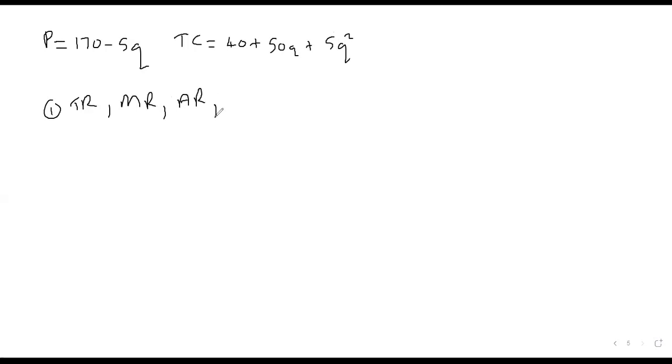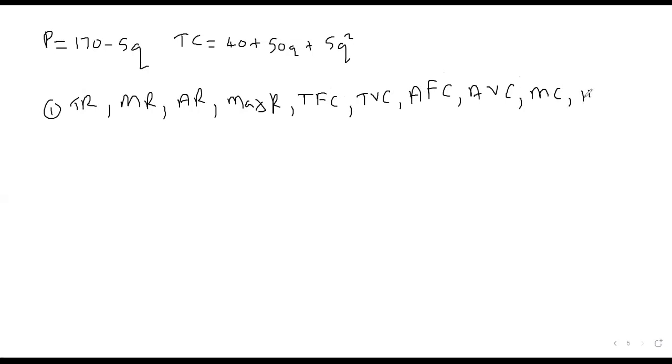Number four, maximum revenue. Number five, I have to find the total fixed cost. Number six, total variable cost. Number seven, average fixed cost. Number eight, average variable cost. Number nine, the marginal cost. Number 10, the profit. So let's try to find each of these 10 items.